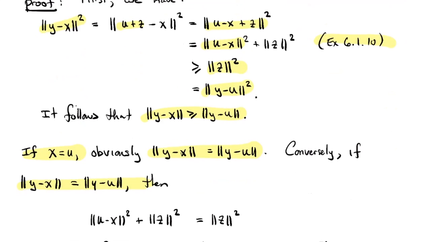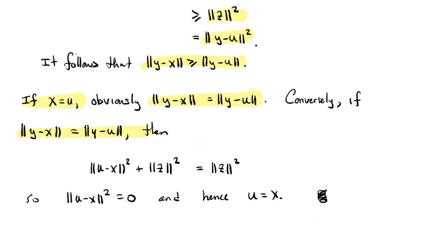So if that is an equality, then it means that the length of u minus x squared plus the length of z squared is equal to the length of z squared, right? Because of that inequality being an equality. Well, if that's true, you can subtract the length of z squared from both sides to get the length of u minus x squared being 0, and hence u minus x must be the 0 vector, that is, u is equal to x.